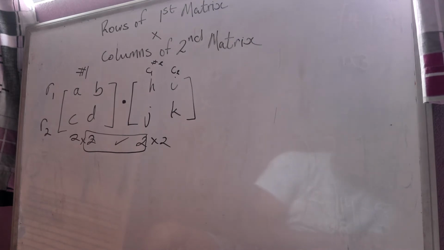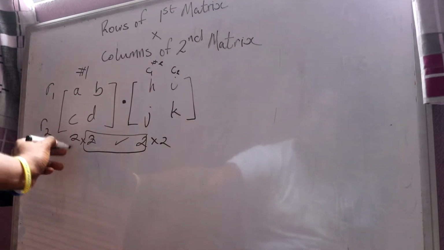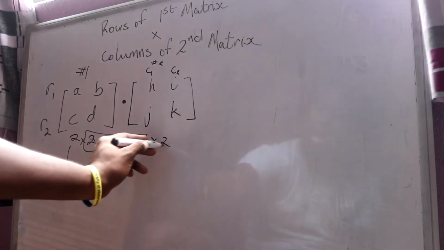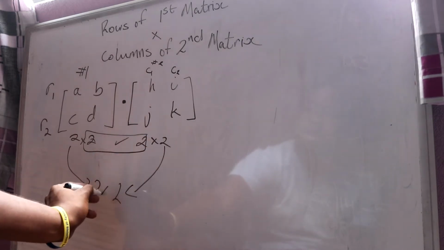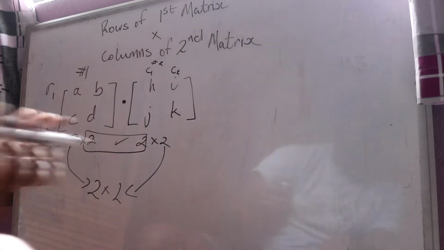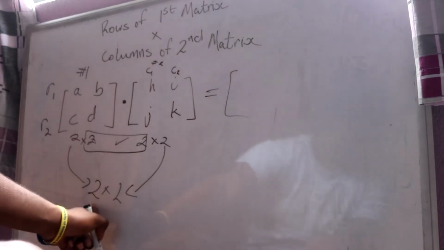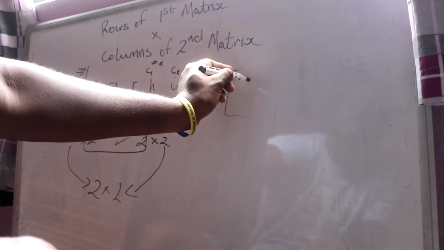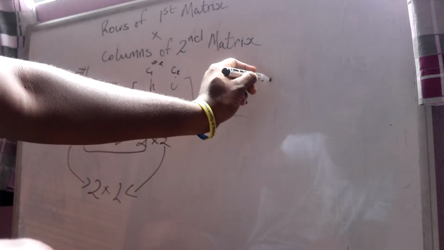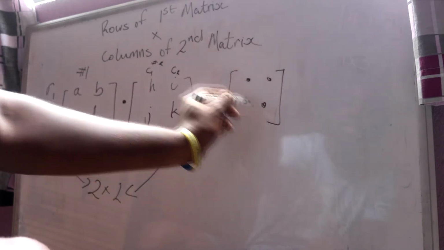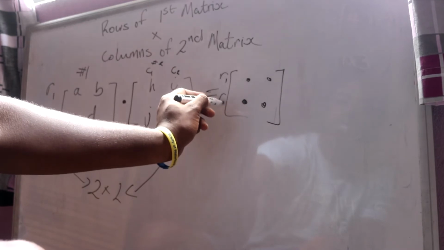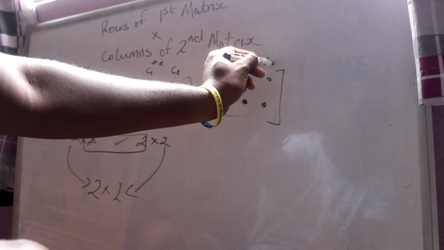So our answer will be a 2 by 2 matrix, which means it will have 2 rows and 2 columns.